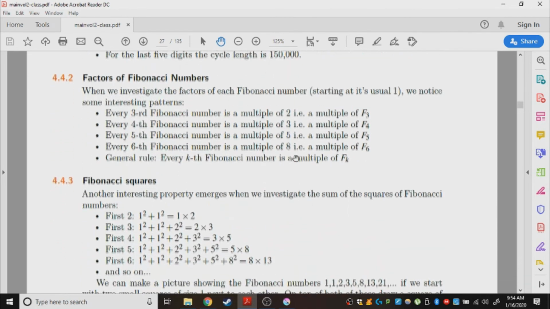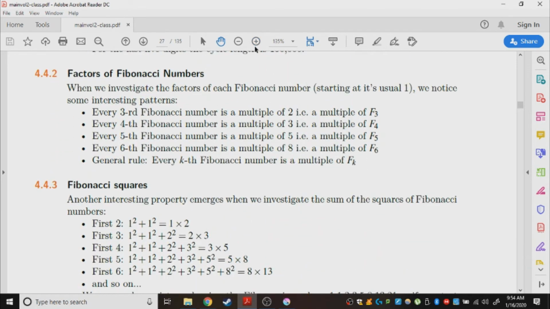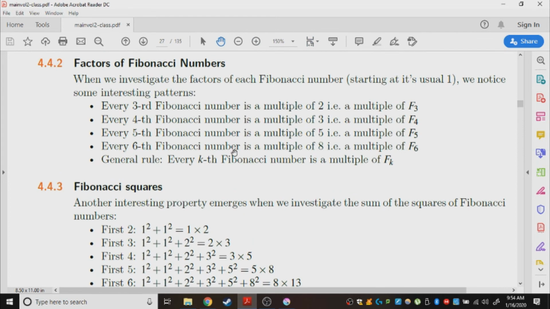Another pattern. Let's zoom in one more. This one, I can't wrap my head around why this would work, but it does. Every third Fibonacci number is divisible by the third Fibonacci number, 2.